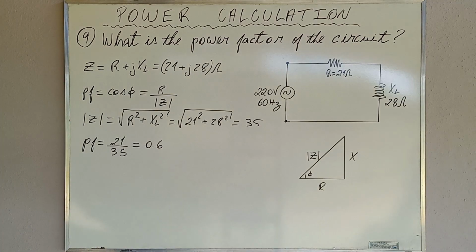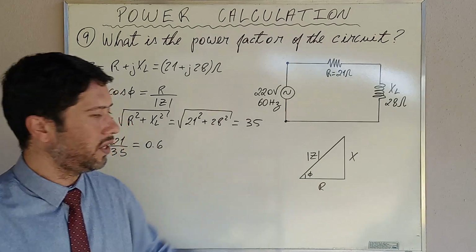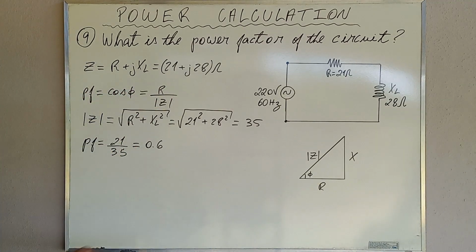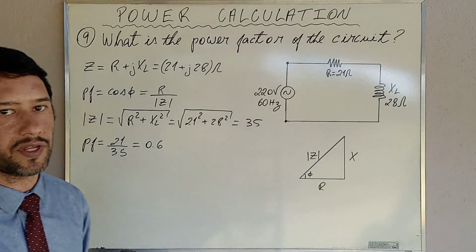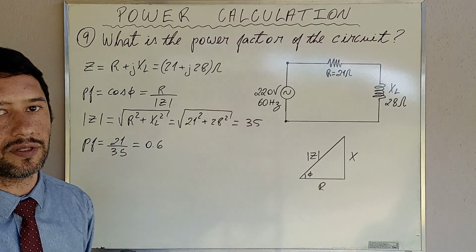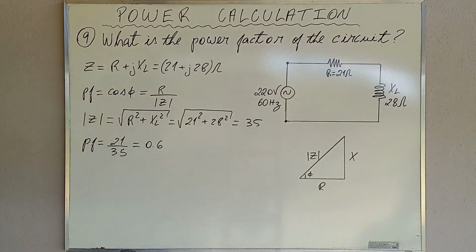By definition, the cosine of an angle is the adjacent side divided by the hypotenuse. The adjacent side is R, 21, and the hypotenuse is the magnitude of the complex impedance. We calculated and we found 35. But there is an alternative method.